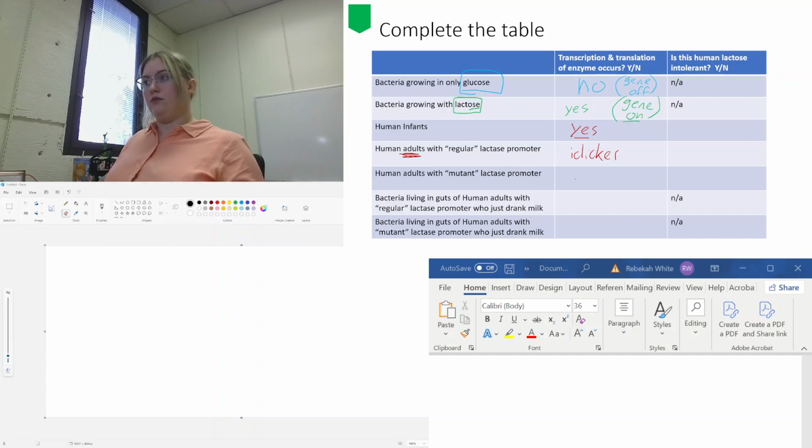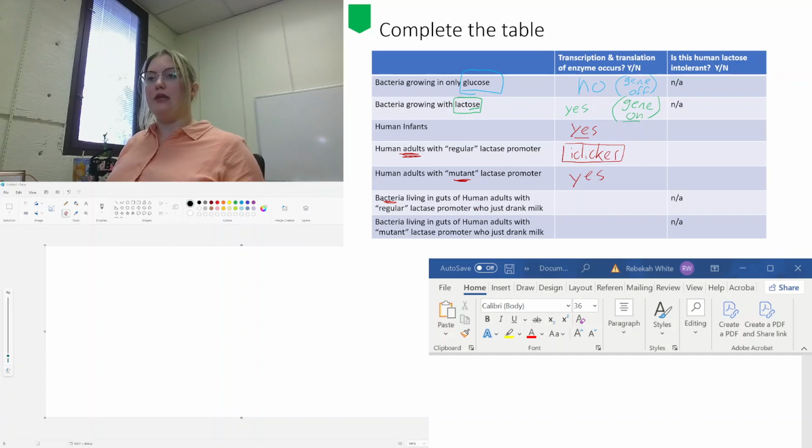All right. So, we know that humans with the mutant lactase promoter can digest lactose. They have the enzyme lactase. So their transcription is yes. So think again, do our humans with the regular lactase promoter transcribe and translate lactase, the enzyme? Okay, next we have bacteria in the human gut.